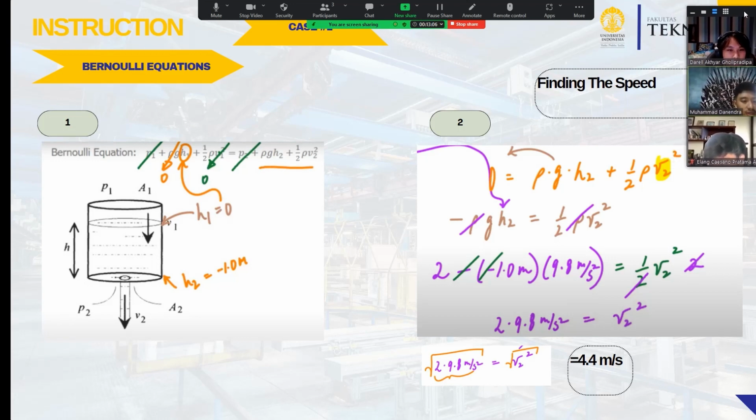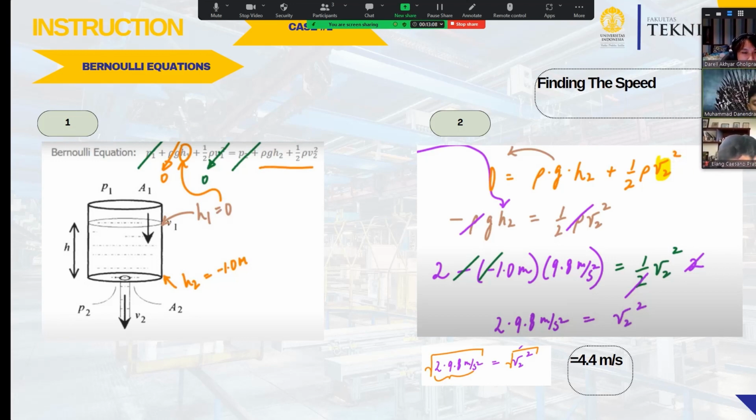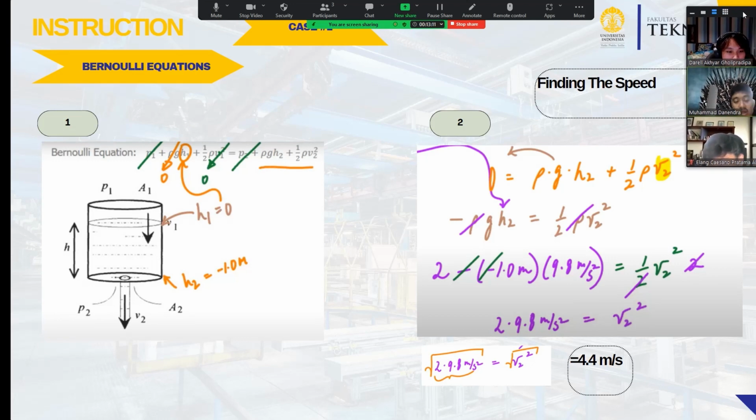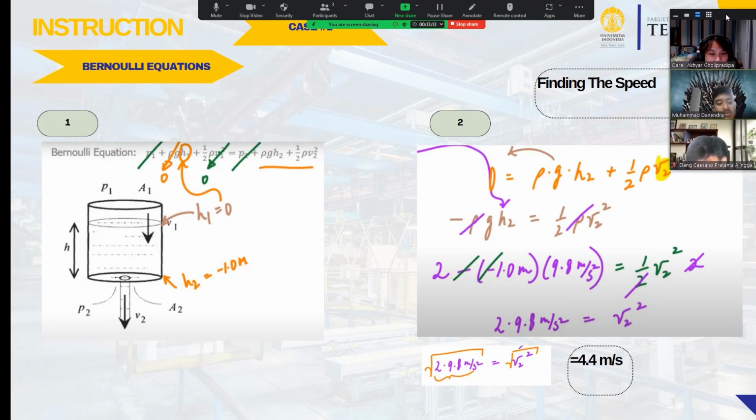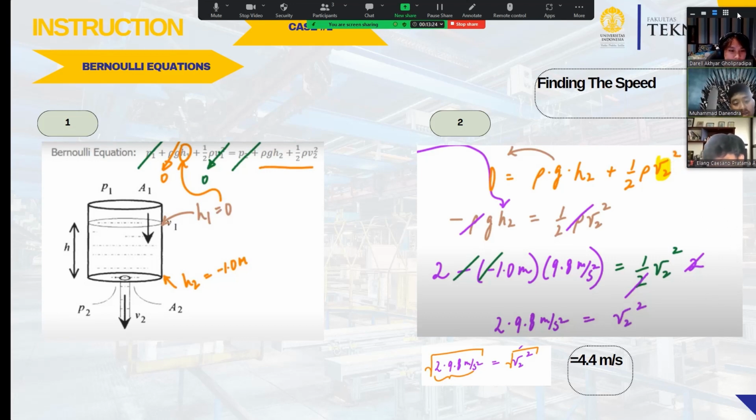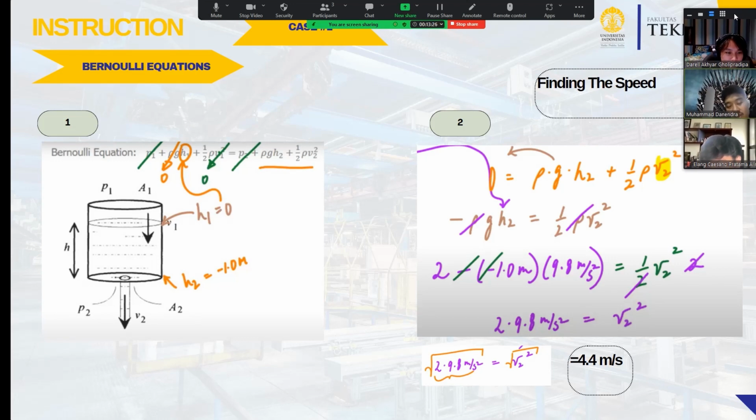And then pressure 2 you can eliminate too, because it's the same pressure as pressure 1. All we have is the equation with only rho times gravity times height 2 plus half times rho times velocity 2 squared.